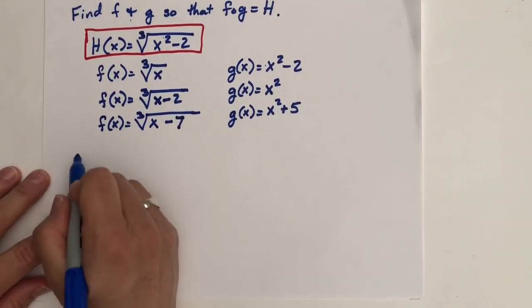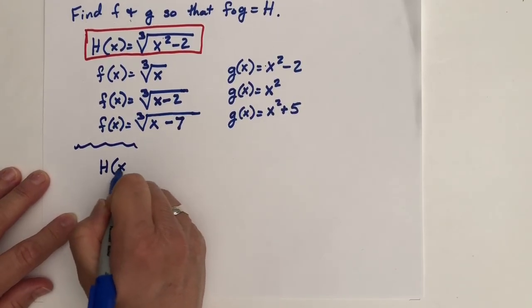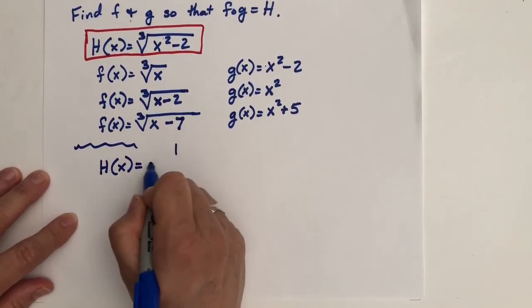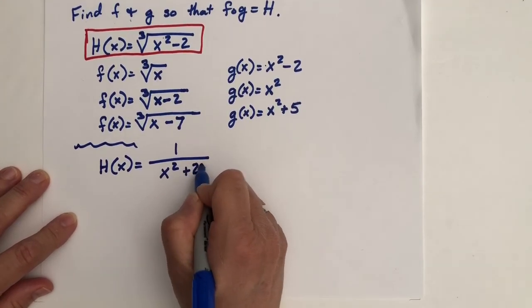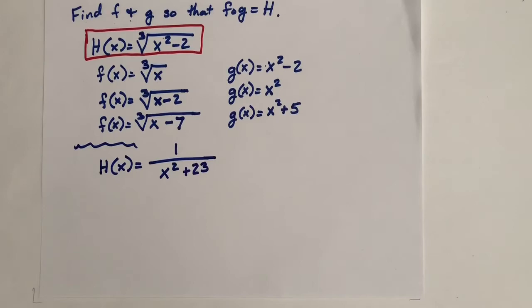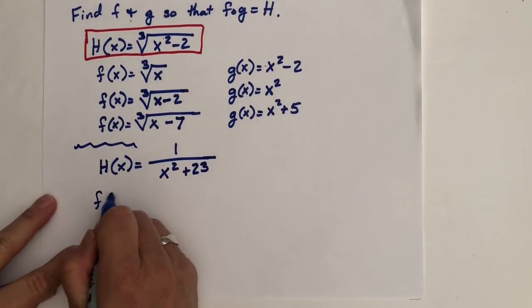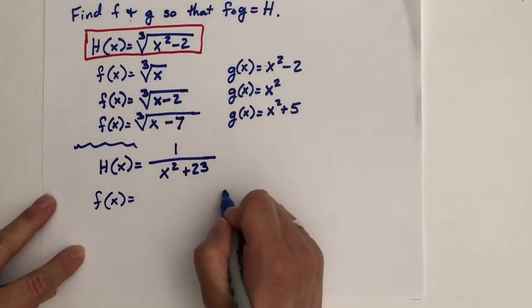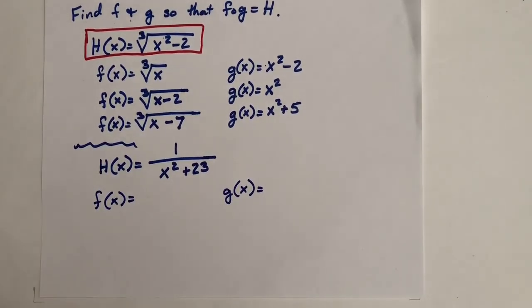Let's decompose this function. Let's make it h of x equals 1 over x squared plus 23. Do you see a possible decomposition for this one? I hope you see it right here.